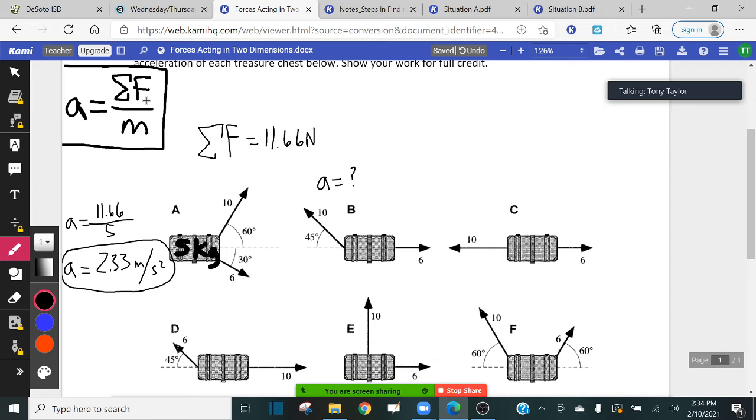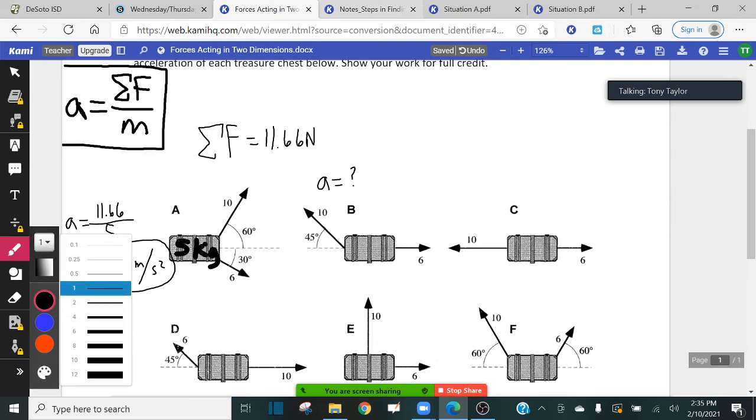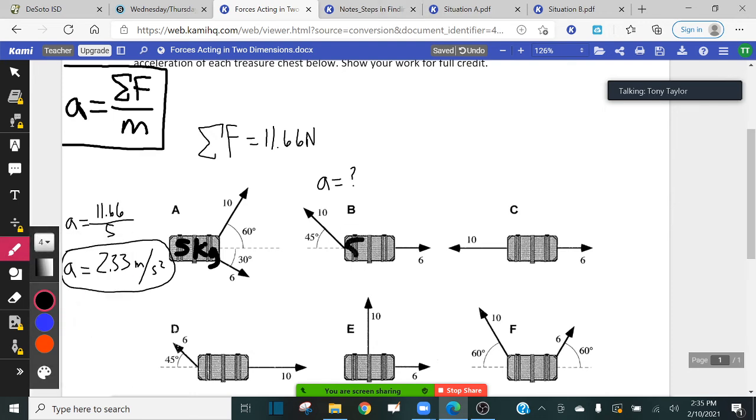So net force divided by the mass gives me acceleration. And don't forget, all the treasure chests are 5 kilograms.